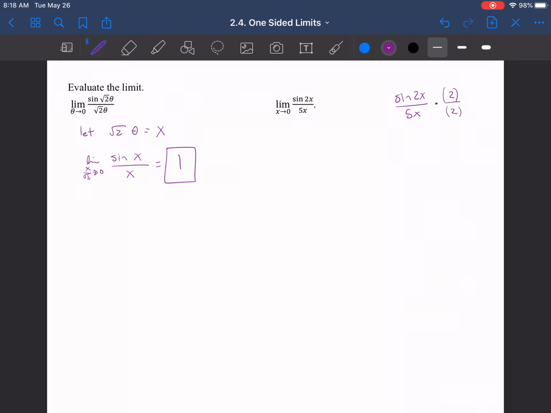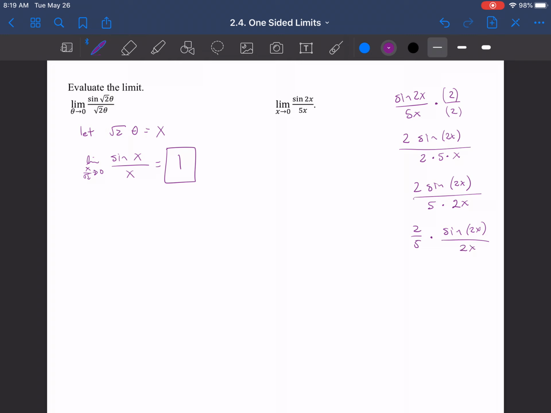And when I do that, what I end up with is 2 times the sine of 2x over 2 times 5 times x. And if I just rearrange that slightly, I'll have 2 sine of 2x over 5 times 2x, right? I'm going to swap the 5 and the 2 because the order of multiplication isn't going to matter here. And then this means I have 2/5 times the sine of 2x over 2x.